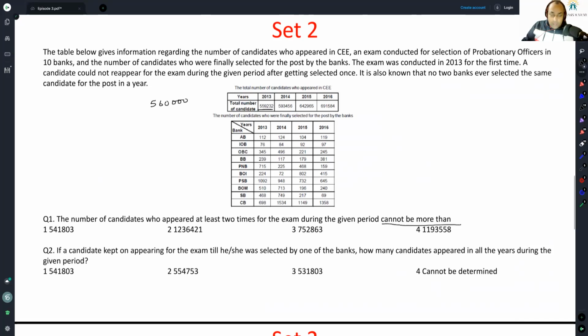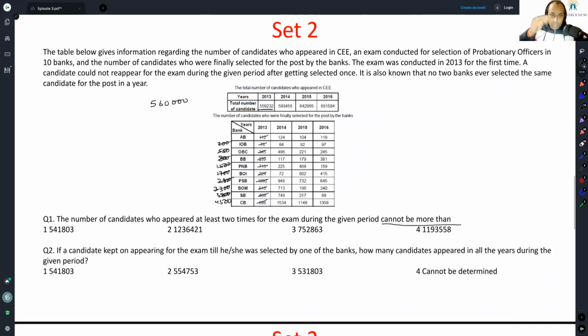Okay. And how many people got selected in 2013? 200, 550, 800, 1500, then 1700, then 2800, then 3300, then 3800, and then 4500.